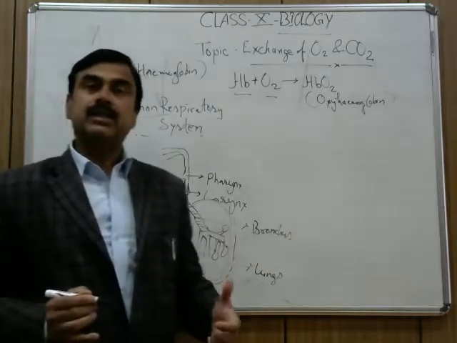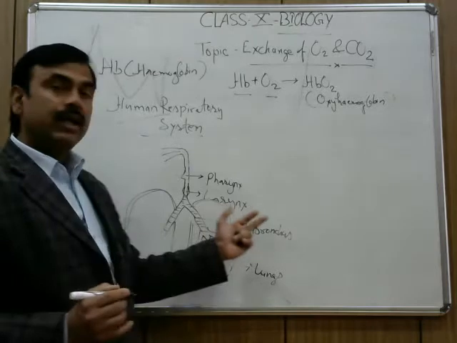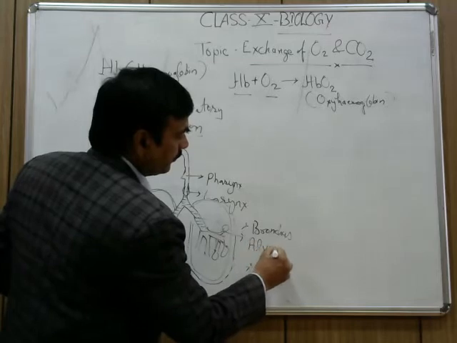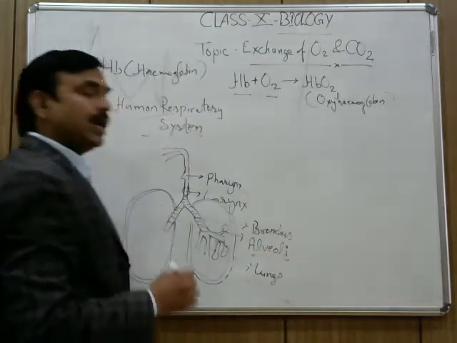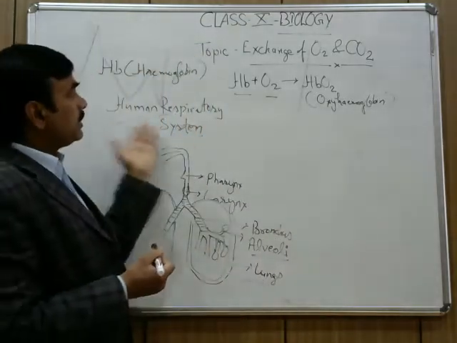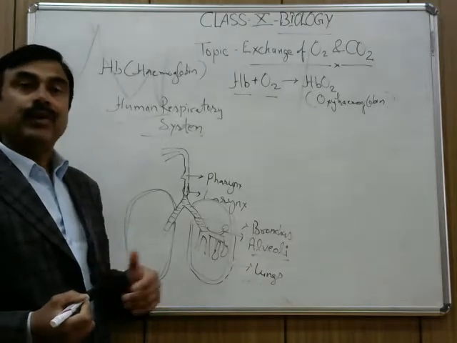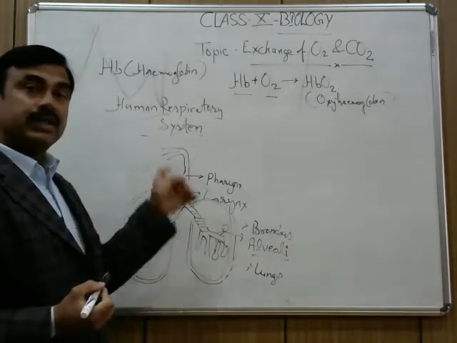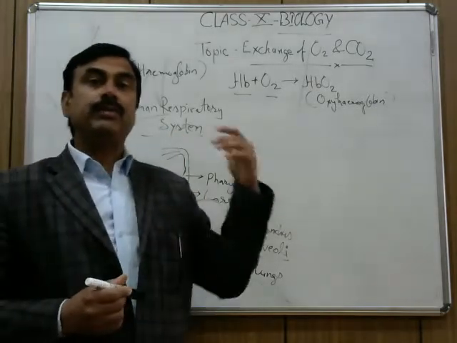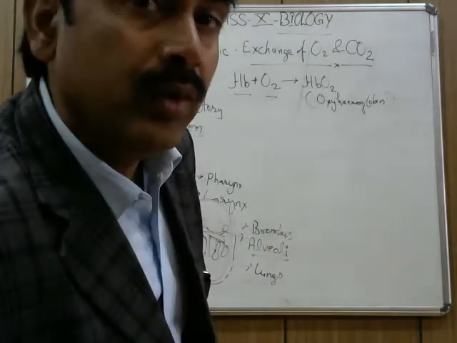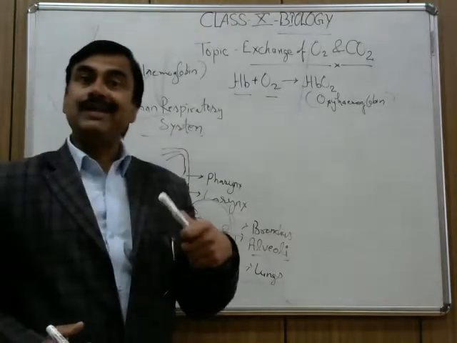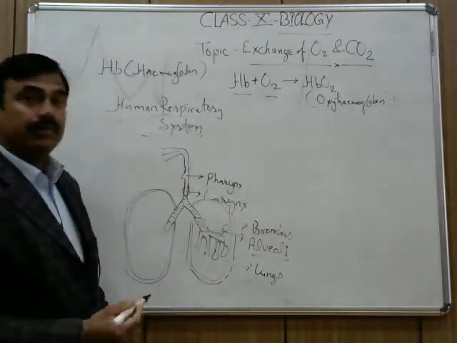And then this alveolar duct will join the alveoli, the last unit of the respiratory system, alveoli. Why am I taking you back? Because I am refreshing your knowledge of what are the organs in the human respiratory system.